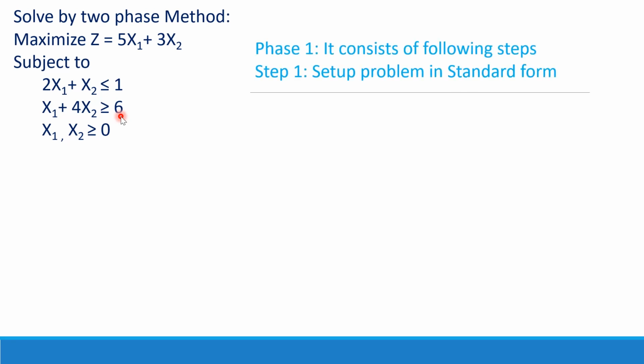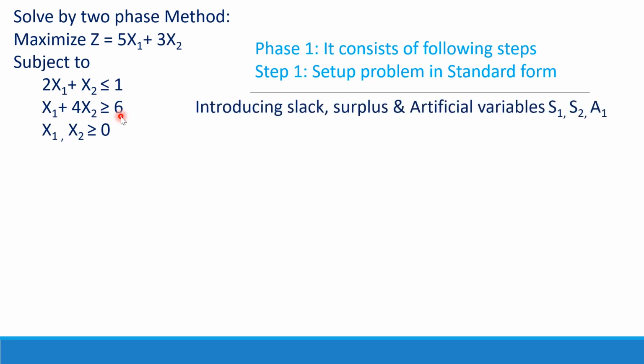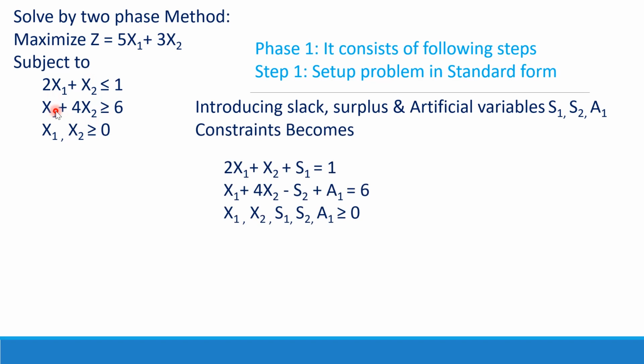The first step of this method is to set up the problem in standard form, introducing slack, surplus and artificial variables. We are not adding these variables to our objective function right now, because we have to form a new objective function.